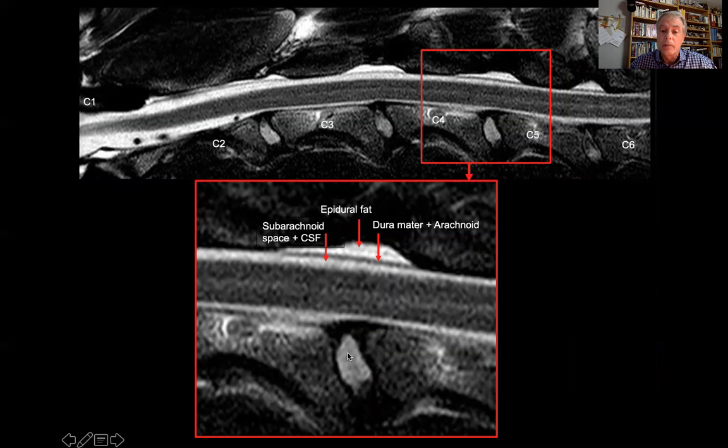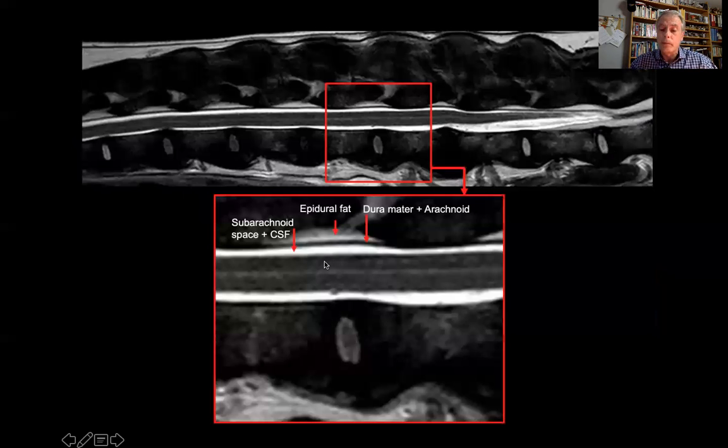This is the nucleus pulposus. And as you see, this layer here is the dura mater plus the arachnoid membrane. So on top of that, we have the epidural fat in the epidural space. And underneath, we have the subarachnoid space filled with CSF, cerebrospinal fluid.